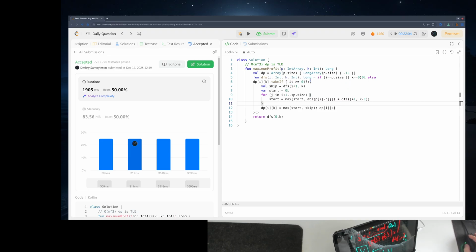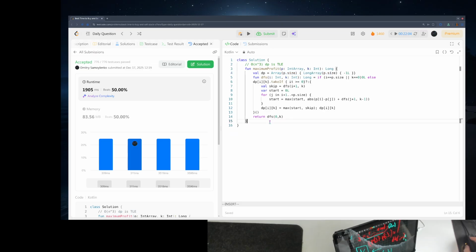Otherwise, it's just simple: you can skip or you can start. And when you start the deal, you have to stop. And the J position is when you stop. So this is the entire problem solution. And the time complexity is n cubed and space is n squared.